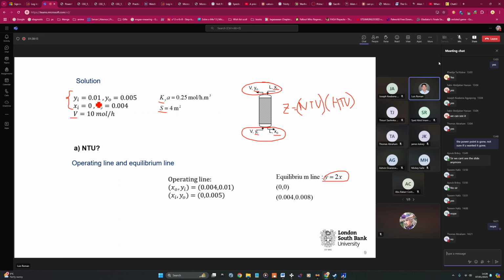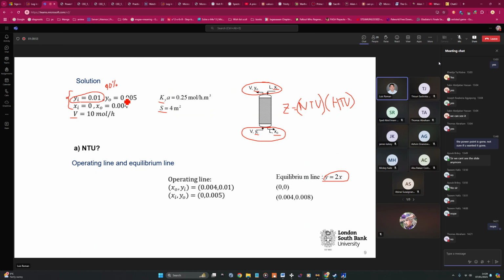In some cases, the challenging part in solving these kinds of problems is to find those values of the compositions, because, as you saw during some of the problems in the lectures, sometimes the problem could be defined in different ways. For instance, to say that you have some inlet composition of the gas, and you want to remove, let's say, 90% of the amount of the solute entering the column.